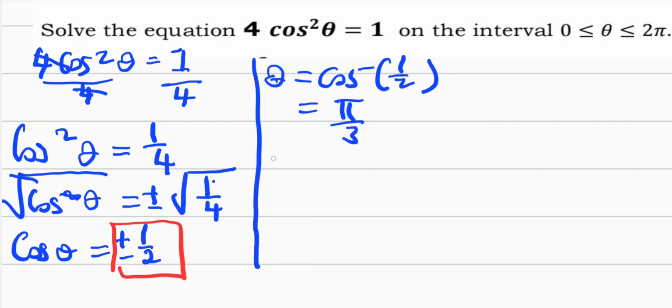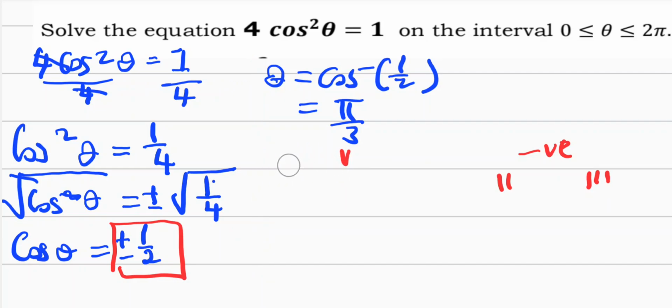Cosine is positive in the first quadrant and the fourth quadrant, and it is negative in the second quadrant and the third quadrant. So we have 4 answers we have to give.